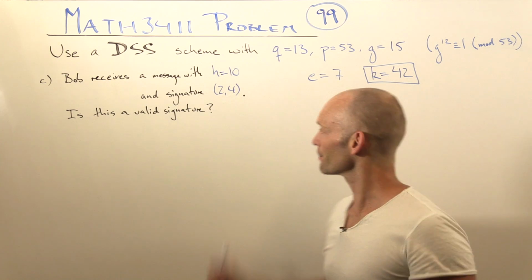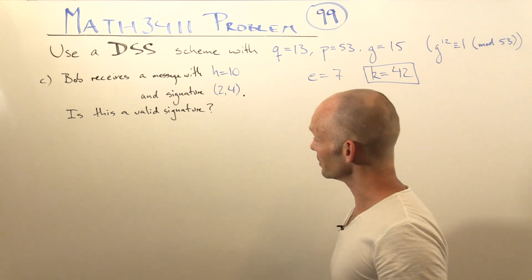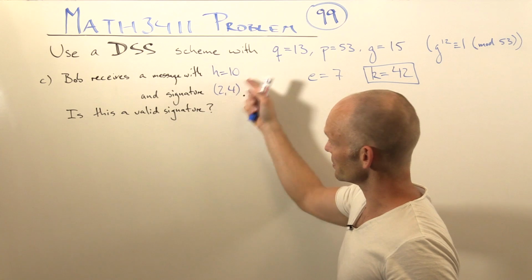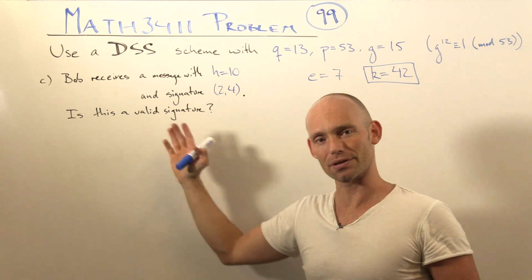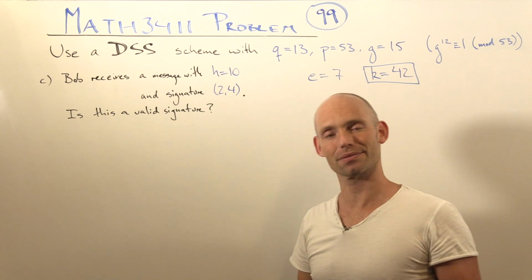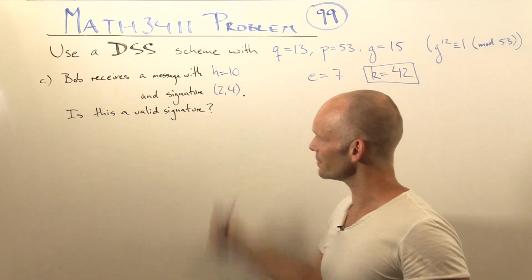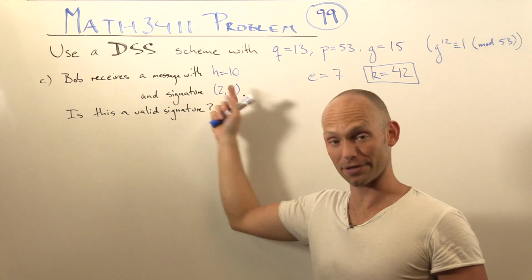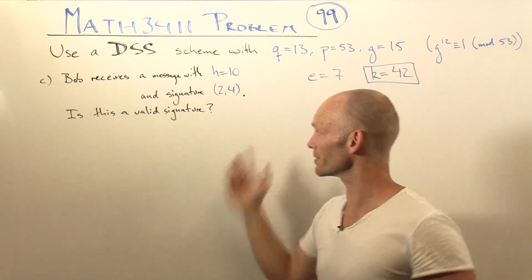That's okay. Here we have a signature that relies on this hash value as well. Bob would like to know whether this signature is Alice's signature, whether it's genuine or whether it's valid. Does this message that's got that hash value come from Alice? So that's what we have to find out.